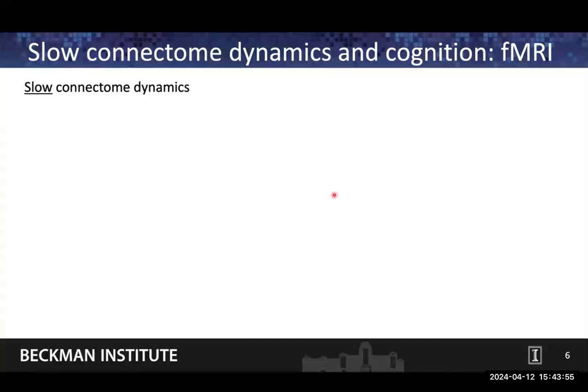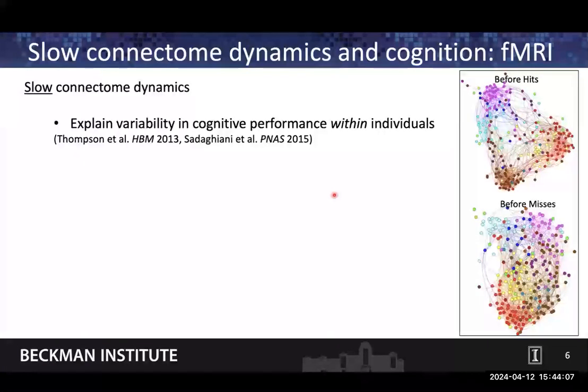Okay. So some of the things we know about the slow connectome as measured, but I call it slow because it's based on this very slow signal. What we know about it is that it explains variability of cognitive performance within individuals. So this is one example where I'm showing that connectivity matrix now not in anatomical space, but in topological space.